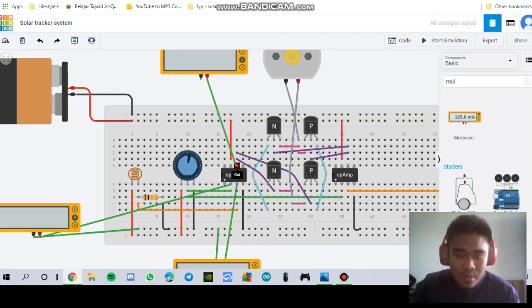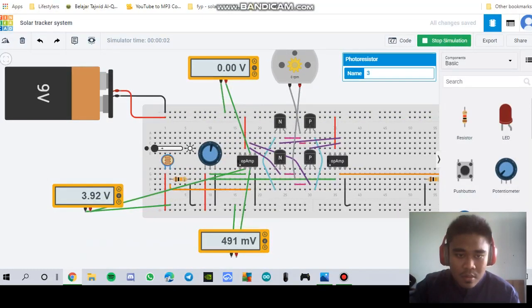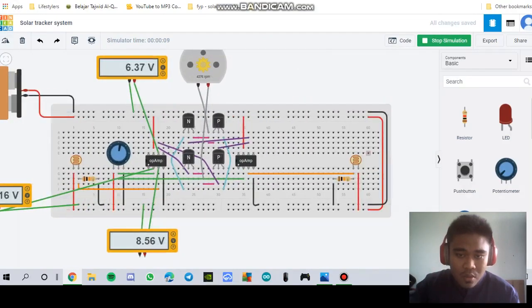Let's see the voltage of the output side, at pin 6 and the ground. Set the highest pin, and this is mode 1: LDR1 high, LDR2 low.